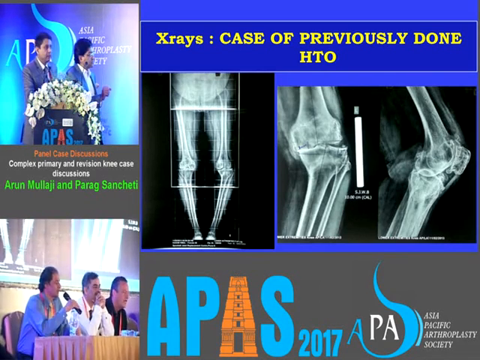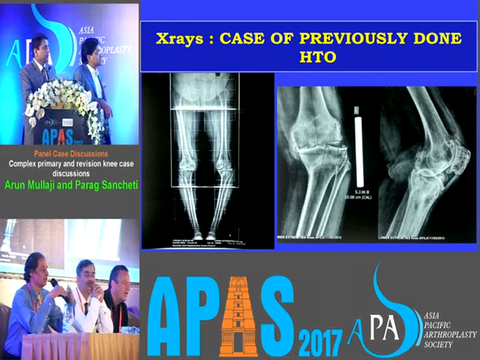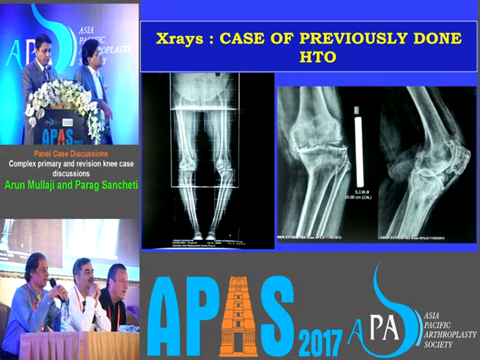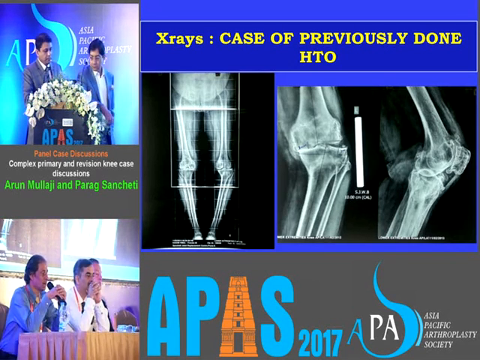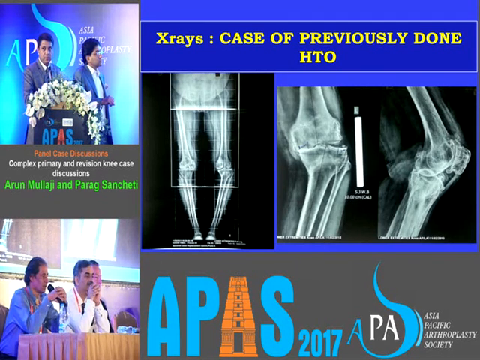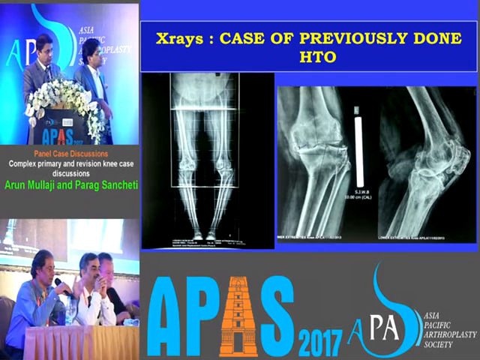So Parag, there are three issues that I see here. One is this patient has an extra-articular deformity in the proximal tibia. She's got hyperextension. The patella is low-lying. So these are the three things that you need to consider.